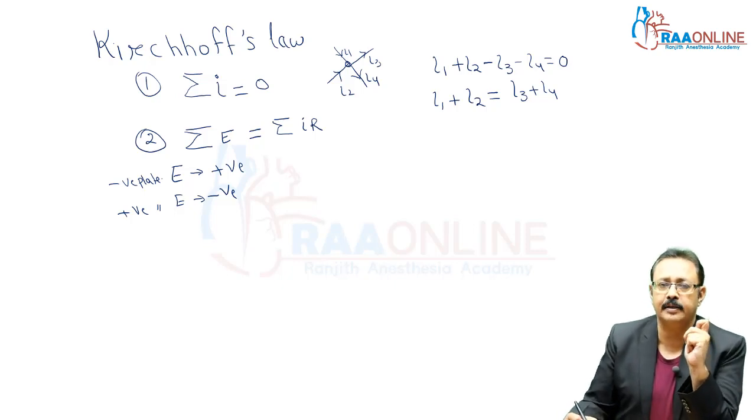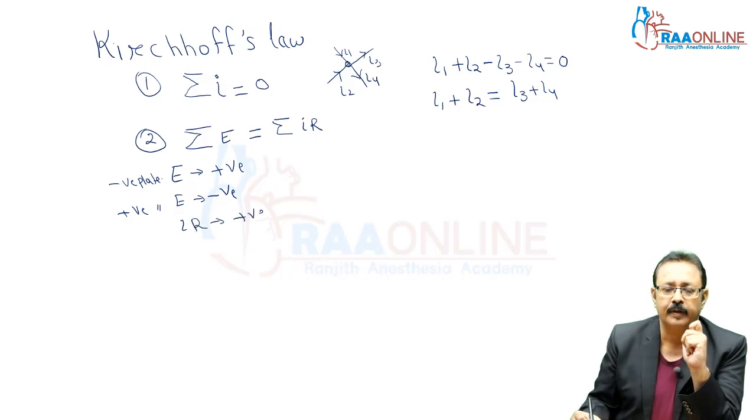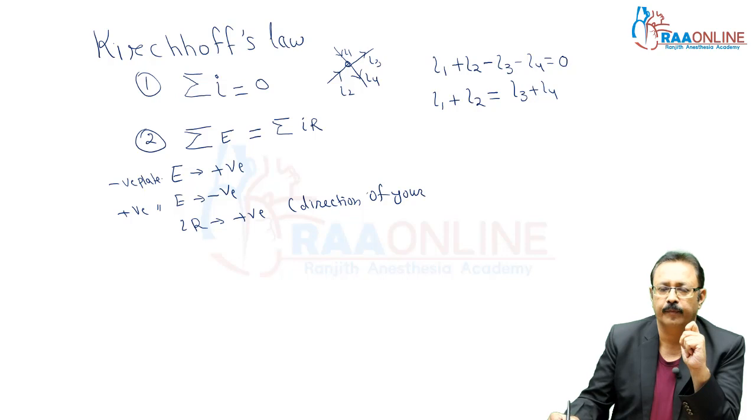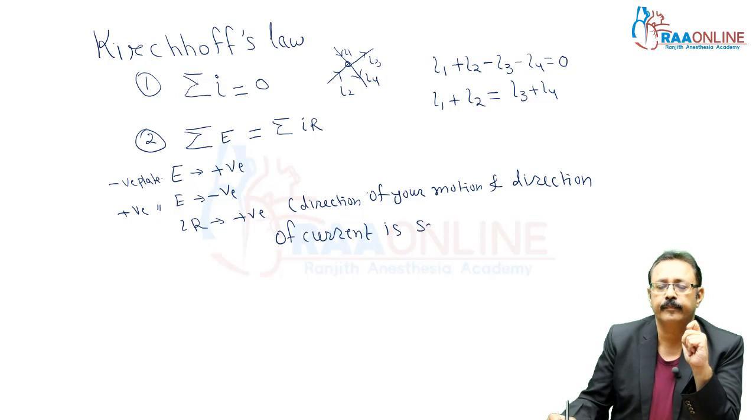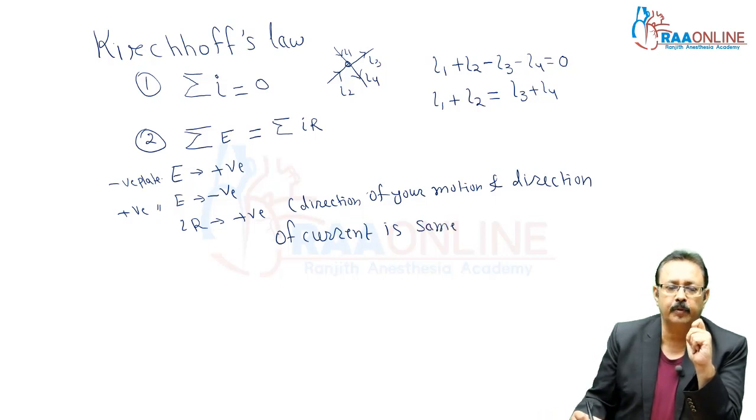And if you are crossing a resistance and the direction of your motion and the direction of current are the same, take this product positive.